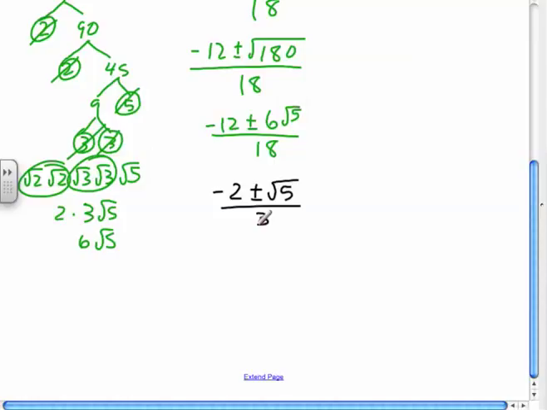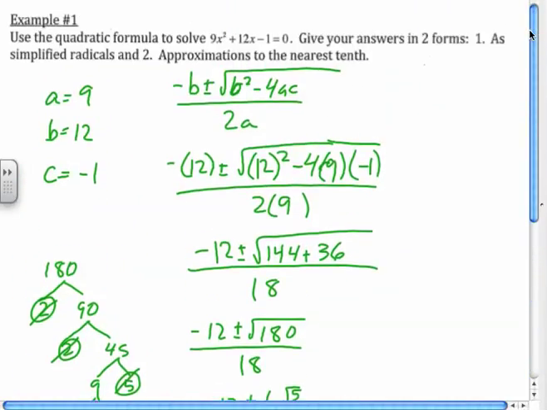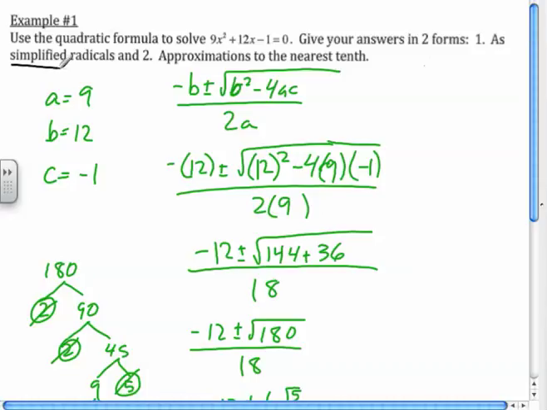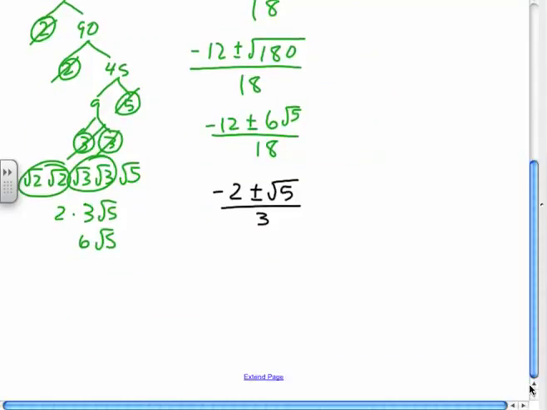All right? Now, I have given a simplified radical form here. But it asked me to give my answer in 2 ways. It said as a simplified radical and as an approximation to the nearest tenth. So now I need to come down here. I've got this one, but now I need to find the decimal form of this stuff.